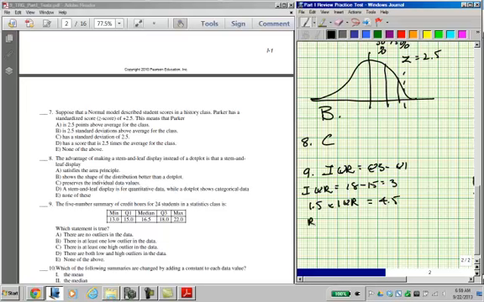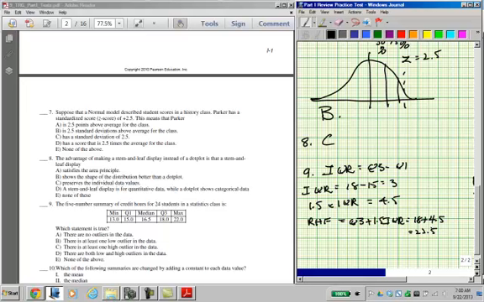Now the right-hand fence equals Q3 plus 1.5 times the IQR, which is going to equal 18 plus 4.5, which is 22.5. So in terms of the right-hand fence, the max, 22, is not an outlier.